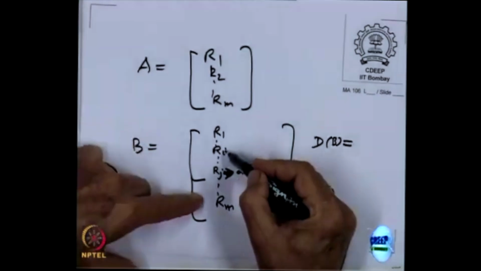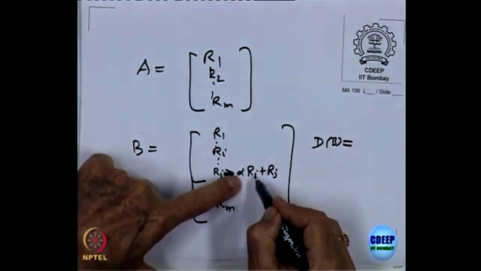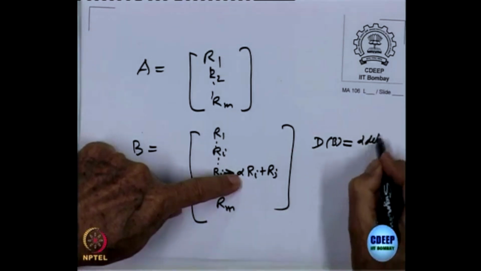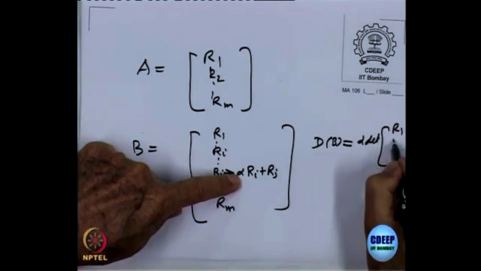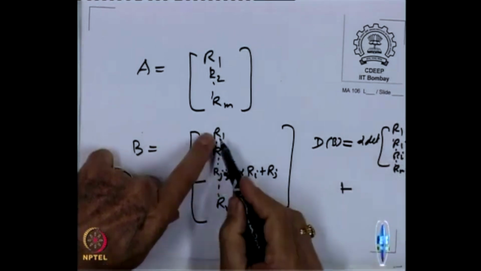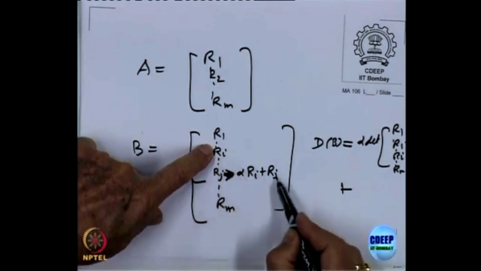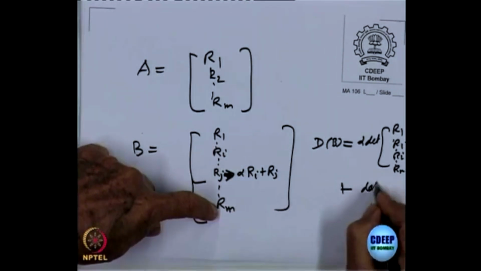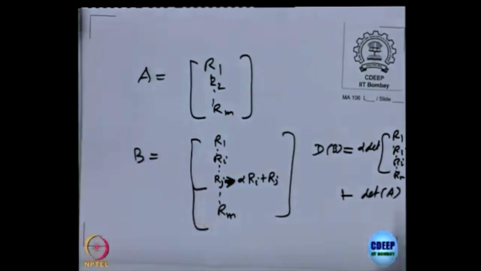R1, Ri, and this will give you alpha Ri plus Rj, Rm. So this will be alpha times the determinant of R1, Ri, and again Ri at the jth place, and Rm, plus R1, Ri, Rj and Rm. So that is the determinant of A. Is that okay?